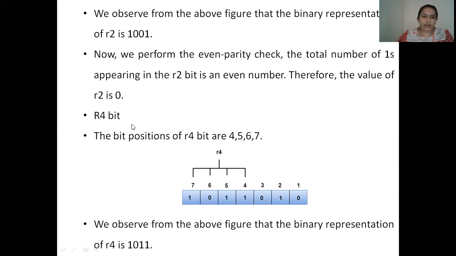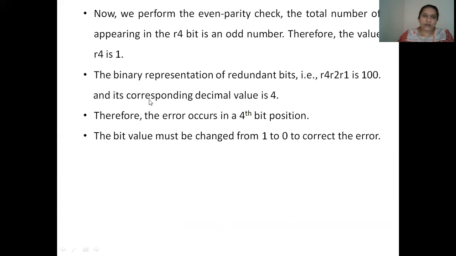Now we shall check for R4 bit. The bit positions of R4 bit, we all know, are 4, 5, 6, 7. And the data which is received on these bits is 1, 0, 1, 1. The algorithm at the receiver checks the parity of these 4 bits and finds that the even parity is violated because it contains an odd number of ones.